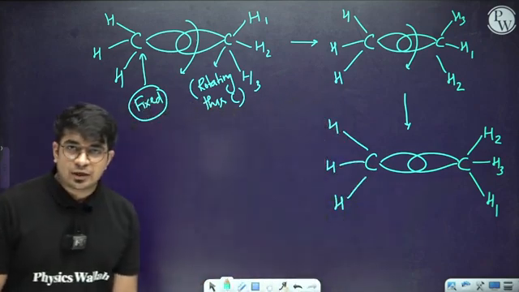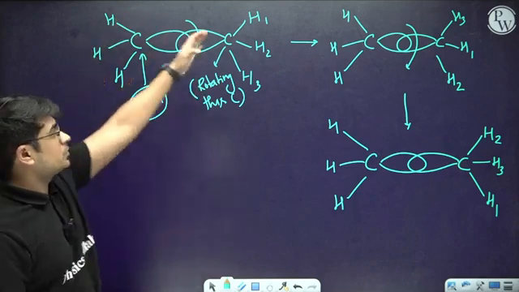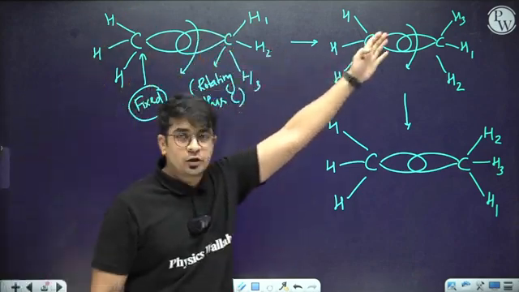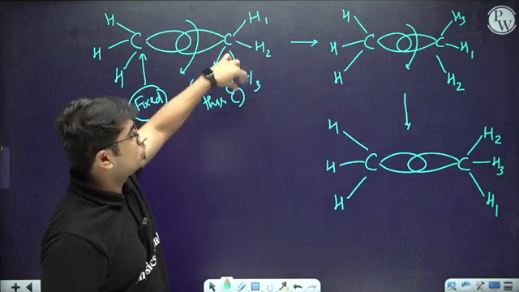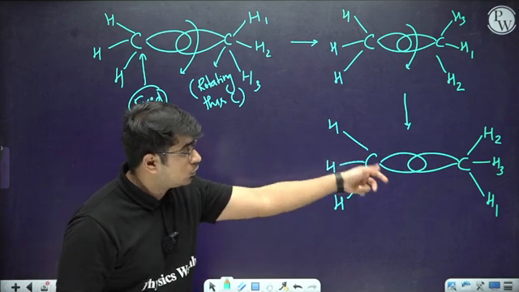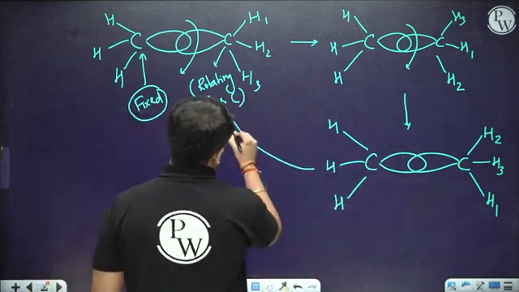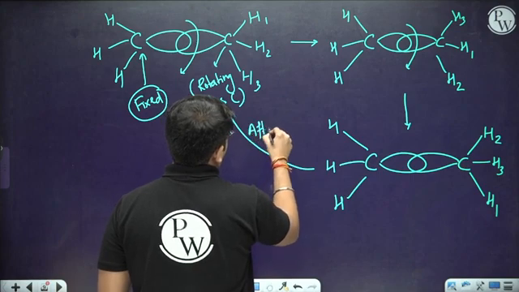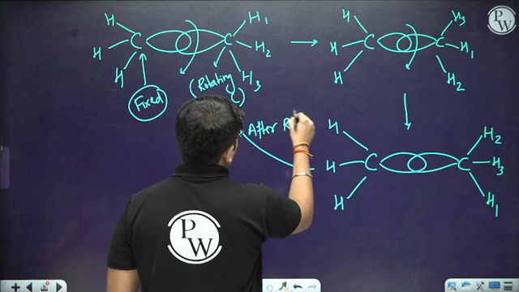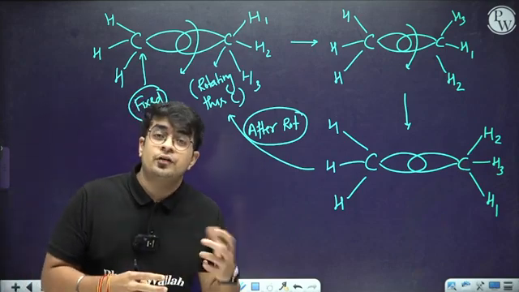So every time, if I am rotating the bond, the position of this entire part is going to change. You have 1, 2, 3, then 3, 1, 2, then 2, 3, 1. Again you can rotate, and it will become 1, 2, 3, just like the previous one after rotation. So these types of rotations are going to create different types of conformations.